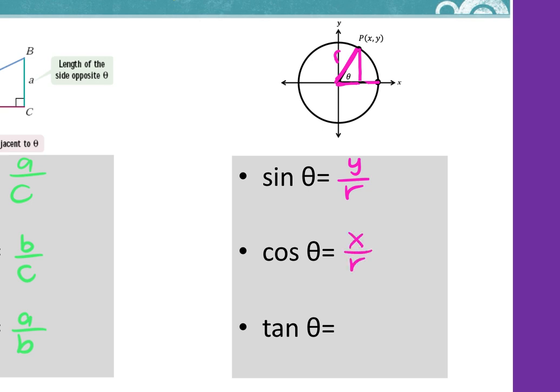And if I wanted to find the tangent, it'd be the opposite over the adjacent, or the y over the x. That is if my radius is not 1. If my radius is 1, then this is just y, this is just x, this is still y over x.